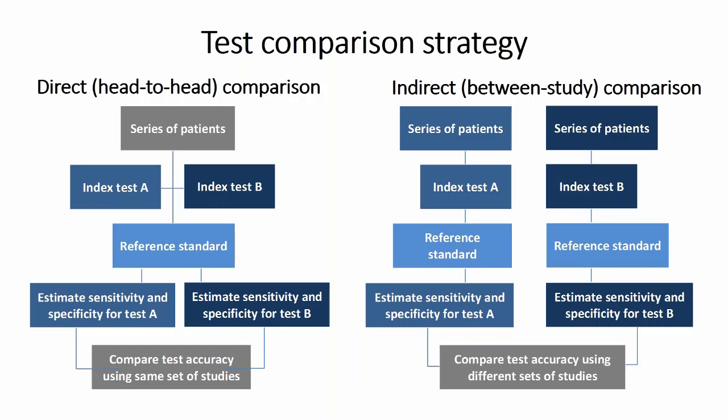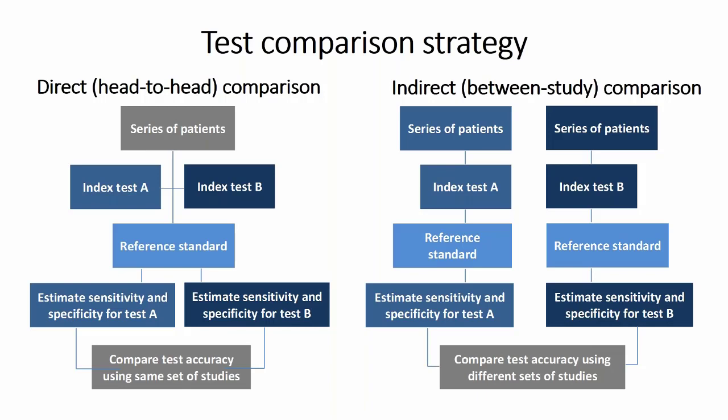And the other strategy is an indirect comparison that uses all eligible studies that have evaluated at least one of the tests of interest. And this approach allows us to maximize use of the available data. But as you can imagine, this is prone to bias due to confounding.